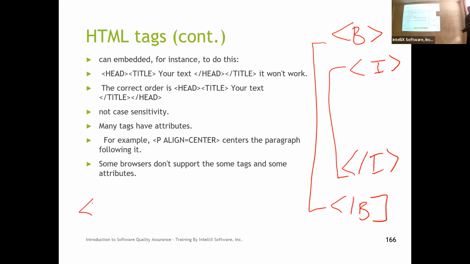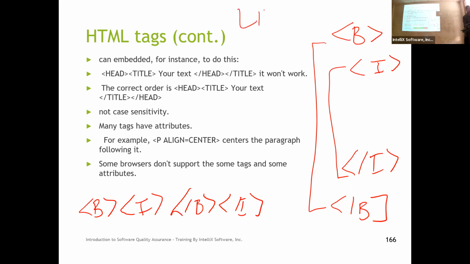Now, what you cannot do is crisscross. So you can't say, hey, I want to do a bold, italicize, and then close bold, and then close italicize. Because now you reverse the order. Sometimes it's known as LIFO, which is last in, first out.